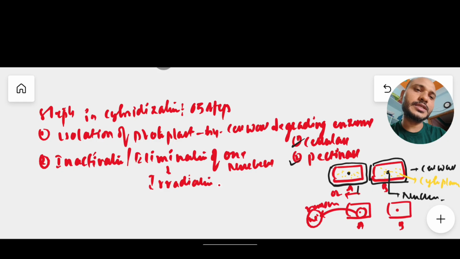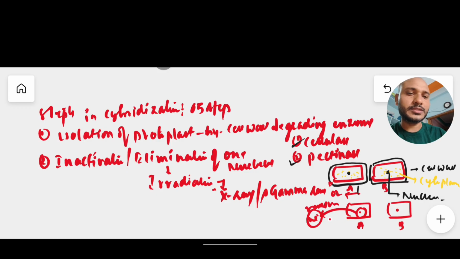Irradiation means using some radiations like X-rays and gamma rays. By using these X-rays and gamma rays, we can remove the nucleus from any one of the plant species. The process is called inactivation or elimination of one nucleus.